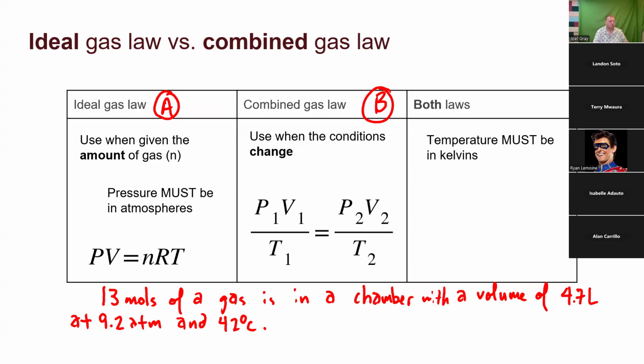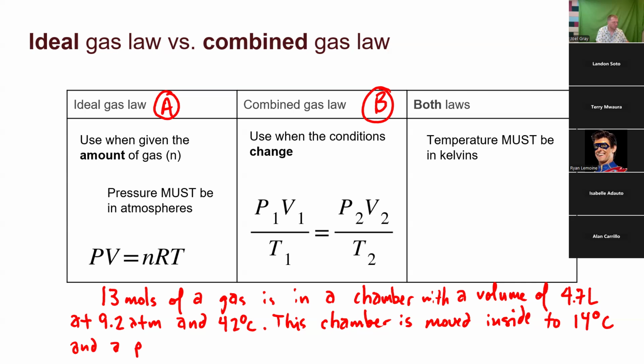Okay. Now, given that scenario, I think it's pretty reasonable to say, oh, you gave us the amount of the gas, so I'm inclined to go with A. I'm not asking for answers yet because I don't actually have a question. Got a scenario though. An amount of a gas is in a chamber with a volume of 4.7 liters at a pressure of 9.2 atmospheres and a temperature of 42 degrees Celsius. This chamber is moved inside to 14 degrees Celsius and a pressure of 1 atmosphere.